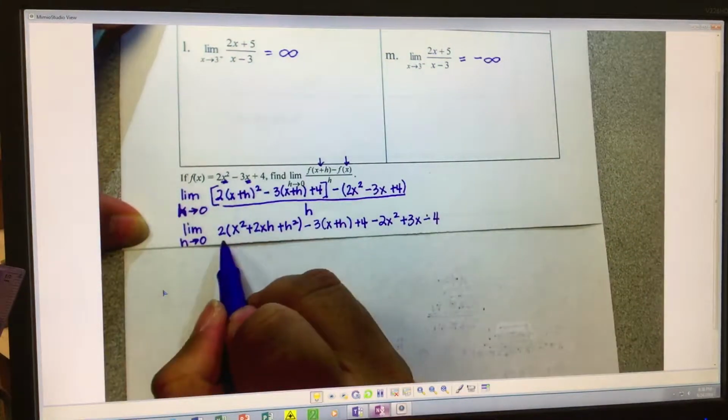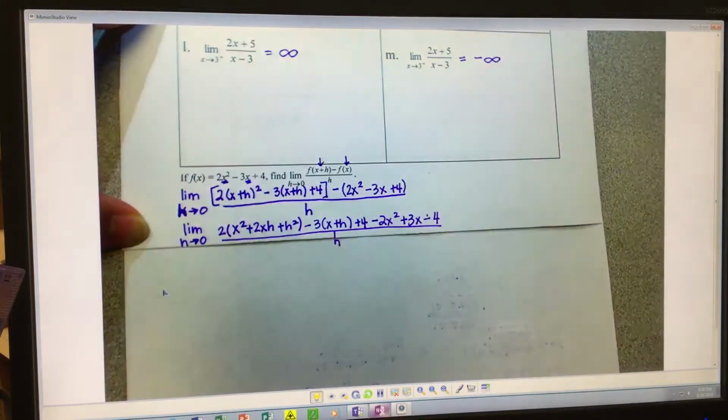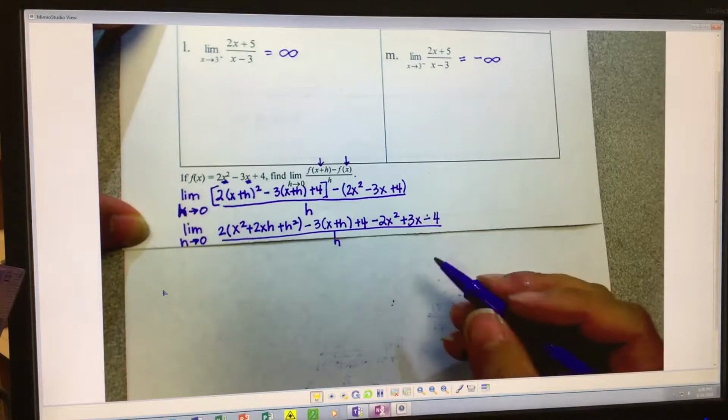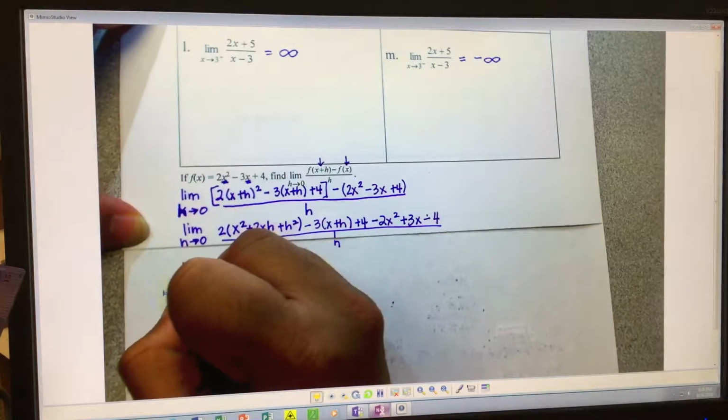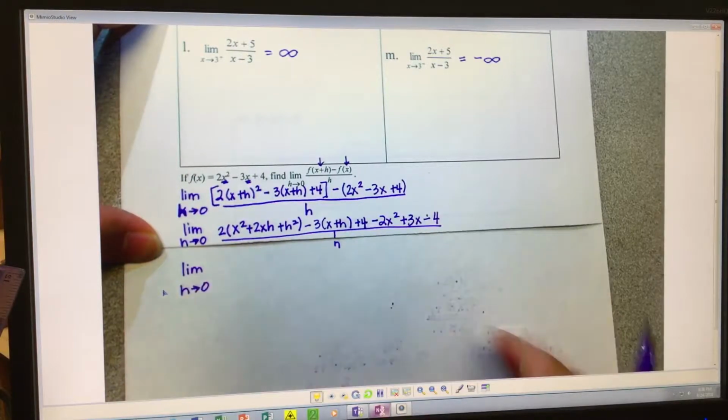Okay, all over h. All right. I am now going to distribute, so I haven't established the limit yet, so I need to do that here.